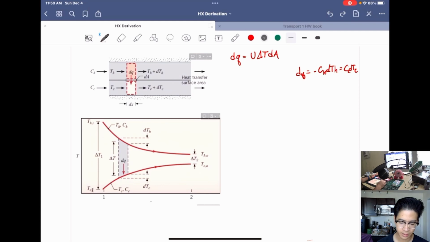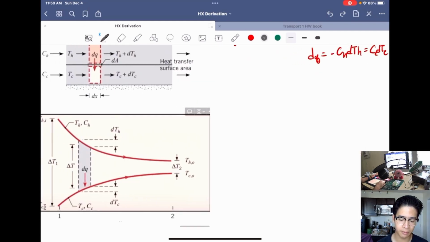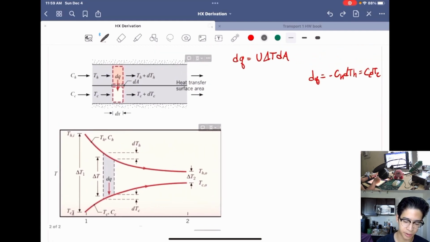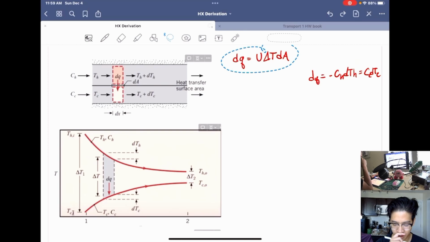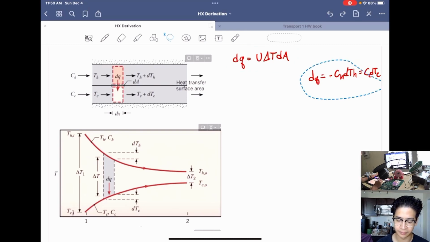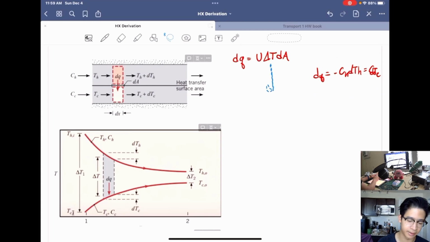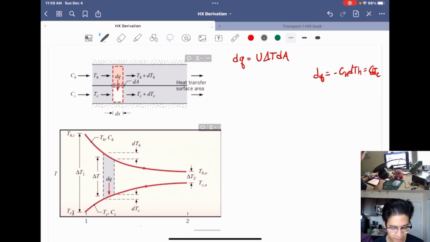Okay, so we start with some expressions from the textbook describing dQ, differential heat transfer rate. Okay, and we have these over here. Now notice we have this delta T. And what exactly is delta T? Well, delta T would be the change in temperature.